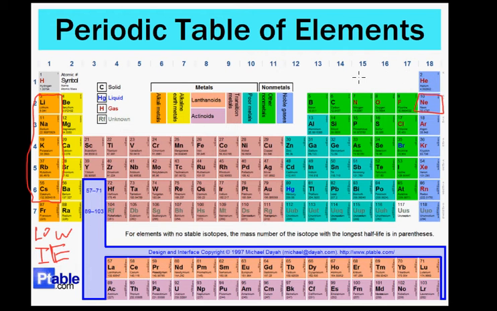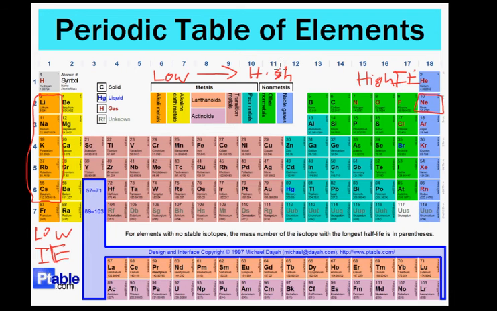So over here, since it's going to take a large amount of energy to get that electron away, we're going to have high ionization energy. So with that being said, the general trend as you're going from left to right on the periodic table is you're going from low to high ionization energy.